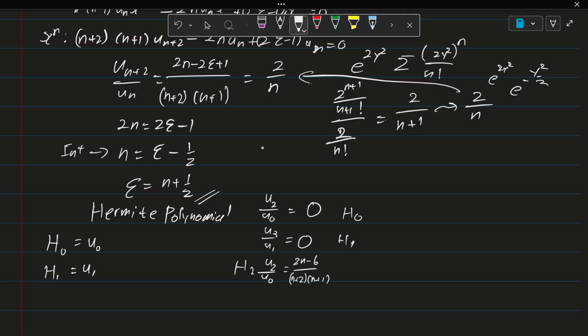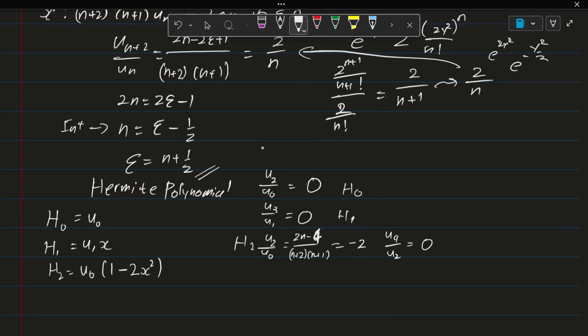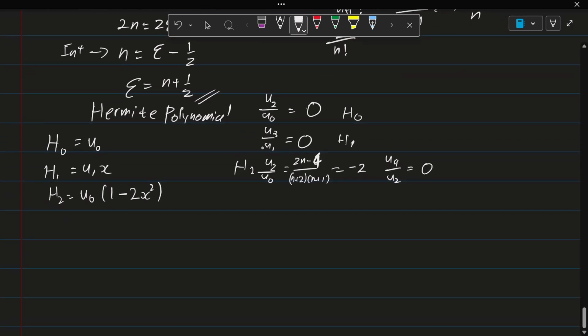No, sorry, negative 4. My bad. And so for u2 over u0, this would become negative 2. And then for u4 over u2, this would be 0. So for h2, it's just u0 times (1 minus 2x squared). There you go. That's the second Hermite polynomial.